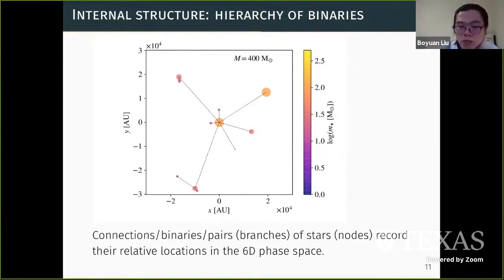I think it's just because of the cluster size. In our case, the initial size of the cluster is much bigger than assumed in previous studies, and this also depends on how we implement internal structure.